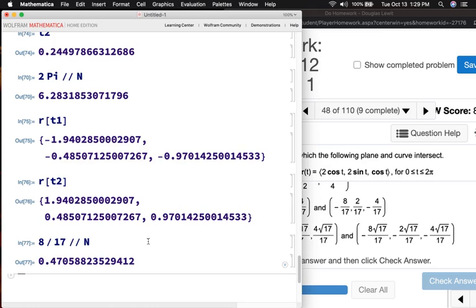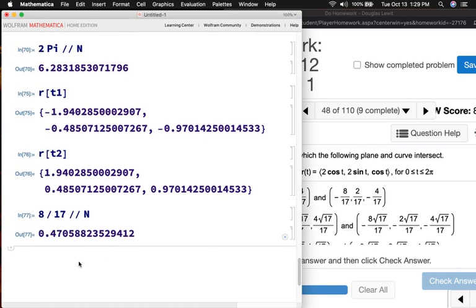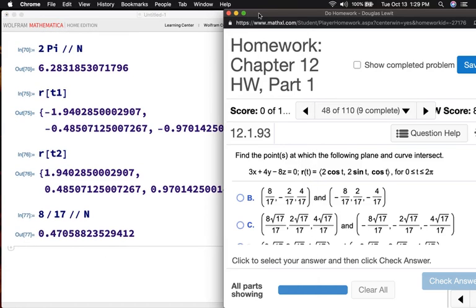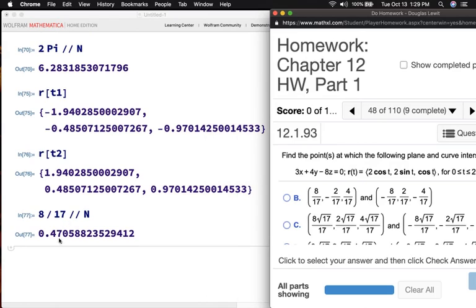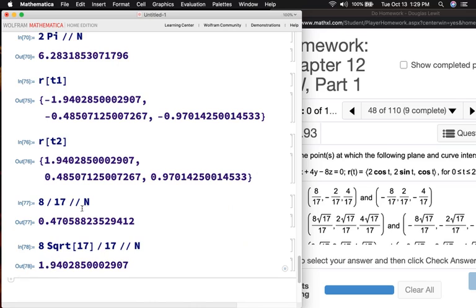Okay, that's not the right answer. What is C? 8 times the square root of 17 divided by 17. Yeah, that's 1.94, which is exactly what I have here.